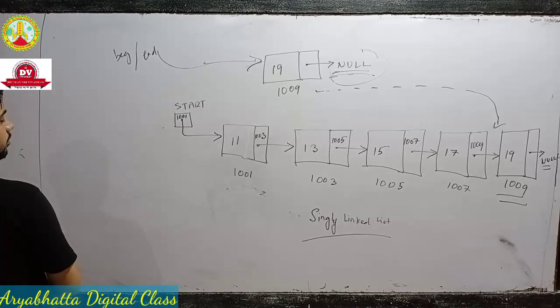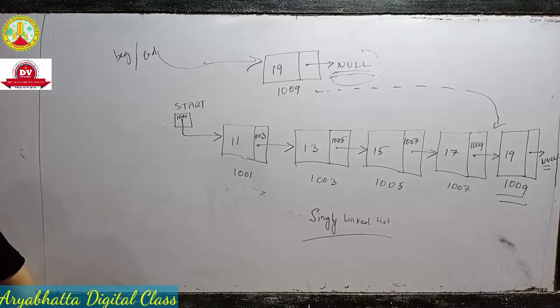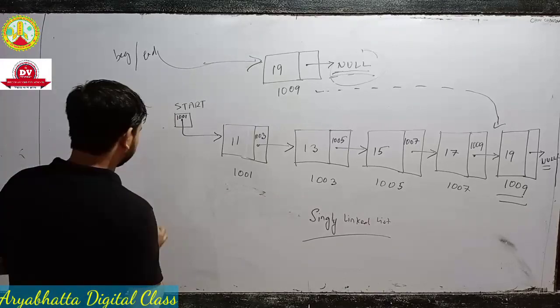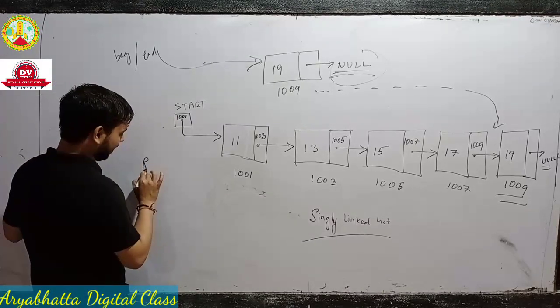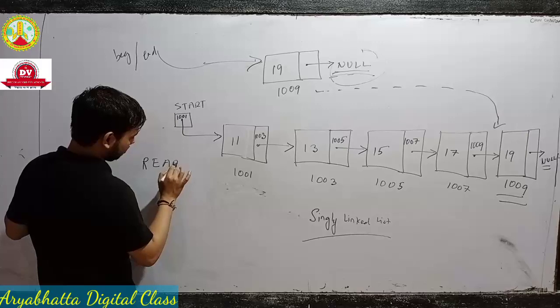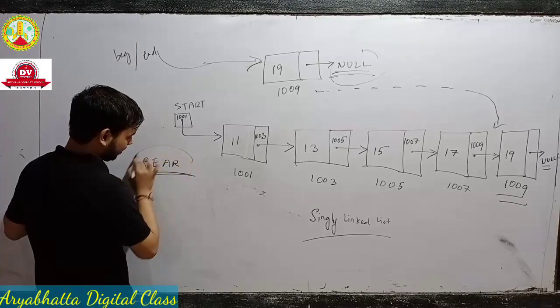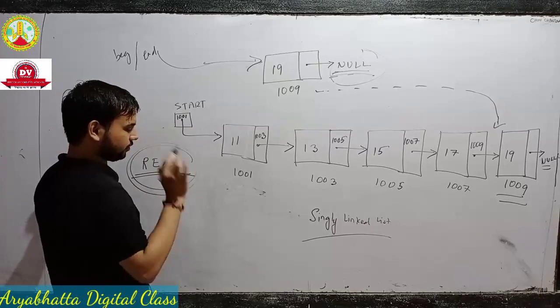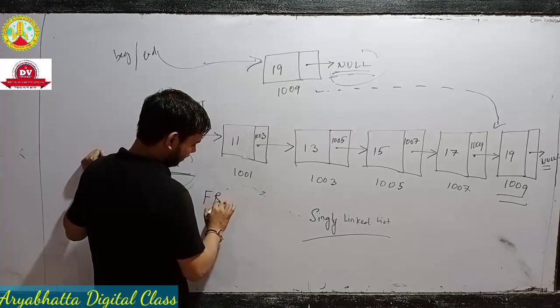So now we have to study the algorithm. And one concept I told you in the algorithm, one concept we defined, that is rear. That's why I first told you what is rear. If you remember, front and rear.